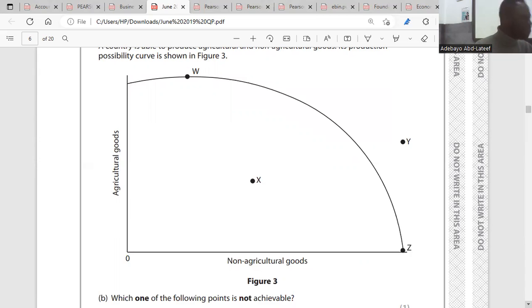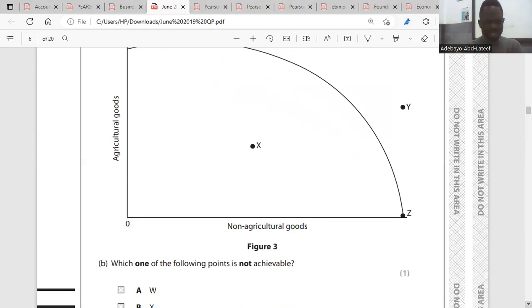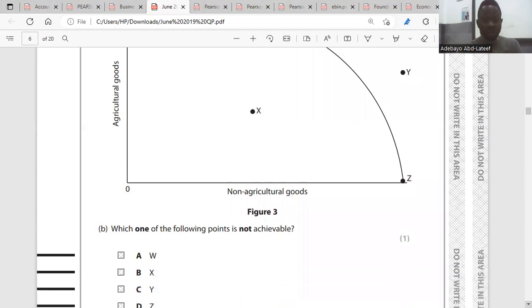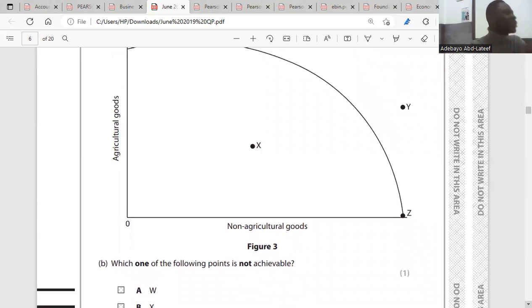Now, let's look at it. So for the PPC, there's going to be outward shift and inward shift. But what we have here, they said, okay, let's look at the question before I go into it. They said, which one of the following points is not achievable, that this economy cannot achieve? That means it's not possible for this economy to do.